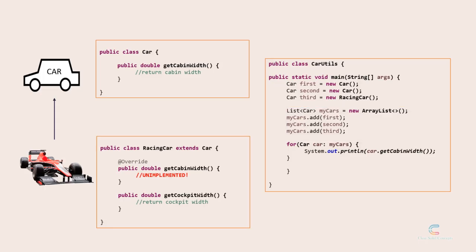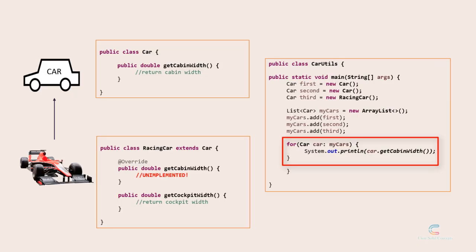We insert all three car reference objects into an array list and name it myCars. Next, we iterate through the car list and we print out the cabin width of each car. Go through this iteration in your mind. The first two objects are car objects, so the getCabinWidth method works fine.